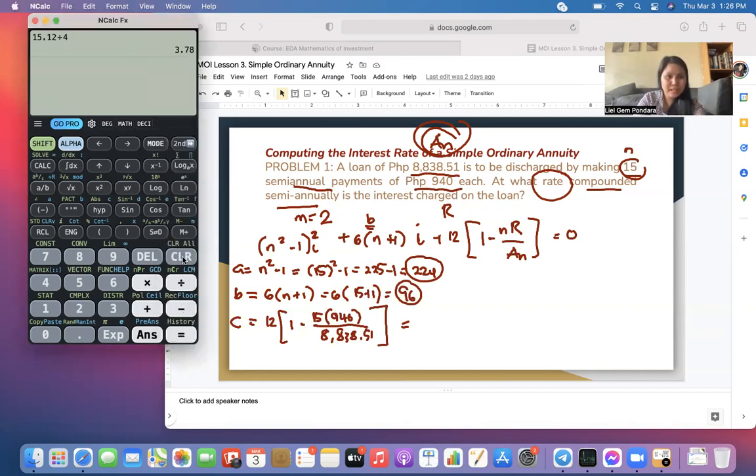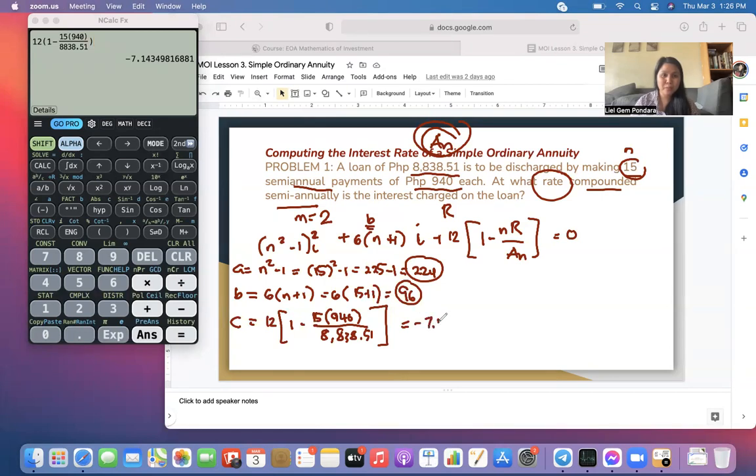That's going to be clear. 12 times 1 minus 15 times 940 over 8,838.51. If you check, the answer will be negative 7.1434. Let's also copy that to get the exact answer.